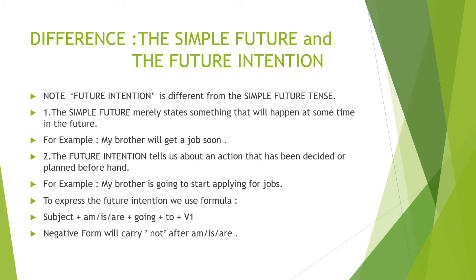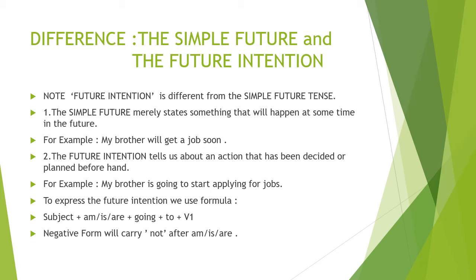See how you can form the future intention sentences. First you have to take the subject. After that am, is or are according to the subjects. If your subject is I, it will take am. I always carries am. After that is, the helping verb is will be taken by any singular subject like he, she, it, or any singular noun.